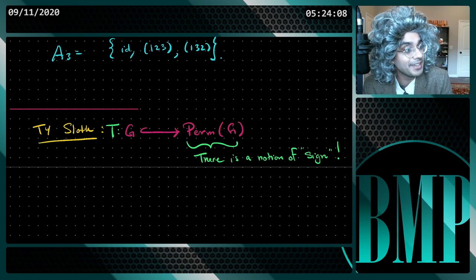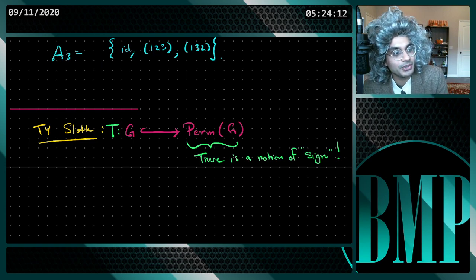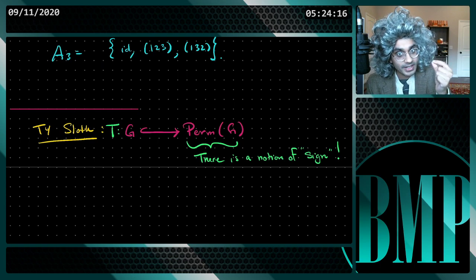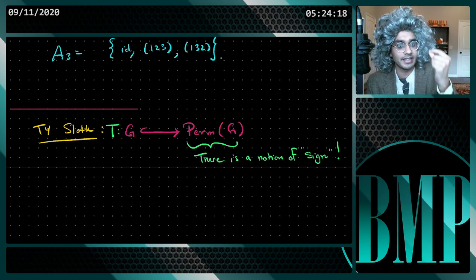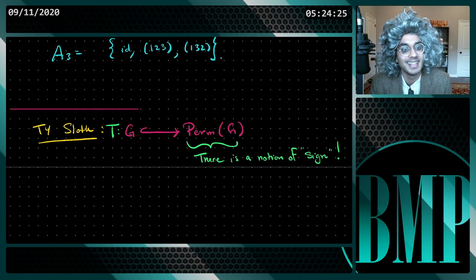So actually Sloth, yeah, elements do have a sign, given by the corresponding sign of the permutation that this element produces.